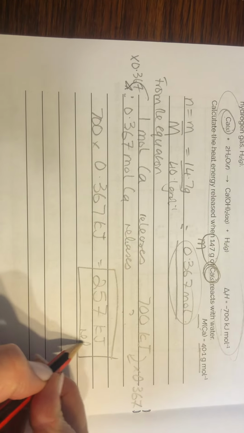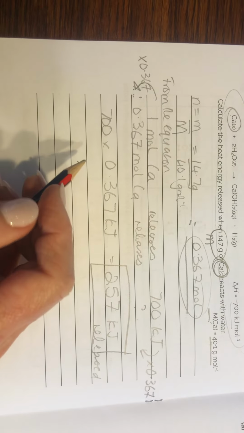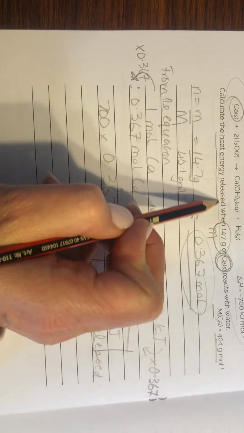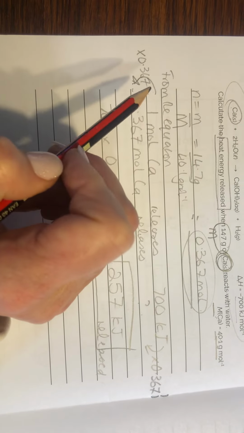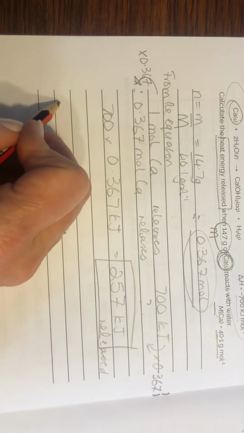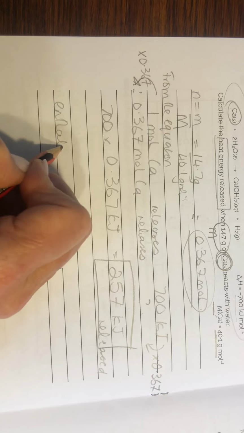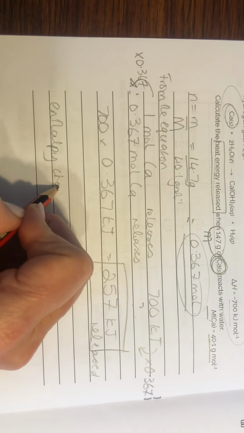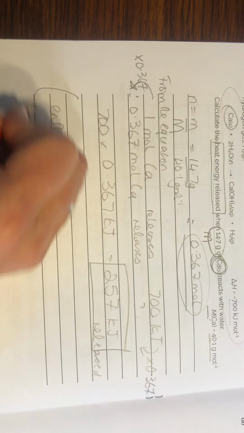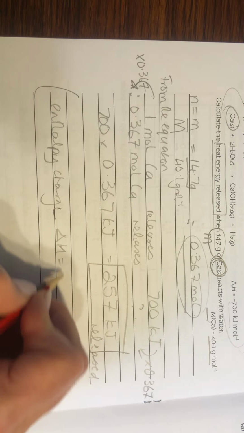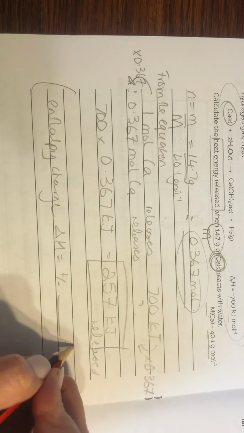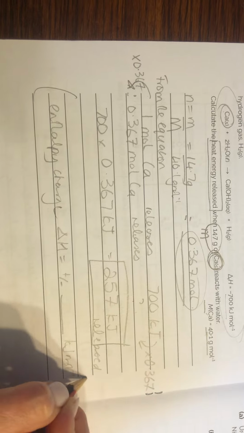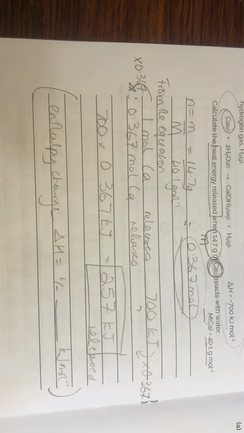And I'm going to say that's released. I'm not going to give a delta H and a negative here because it asks for the heat energy released. It does not ask for an enthalpy change. If it asked for that, then I would have to give delta H equals positive or negative something kilojoules per mole. But this did not ask for that.